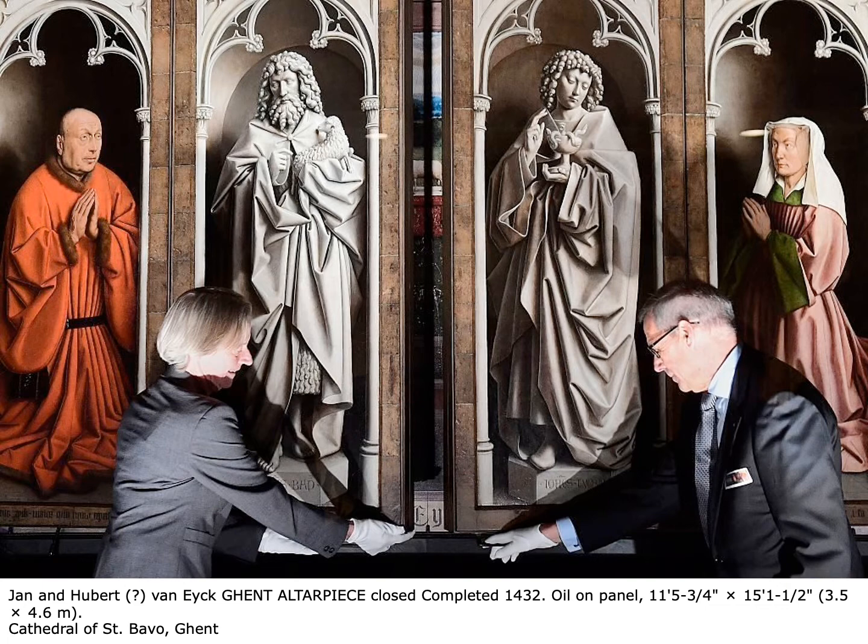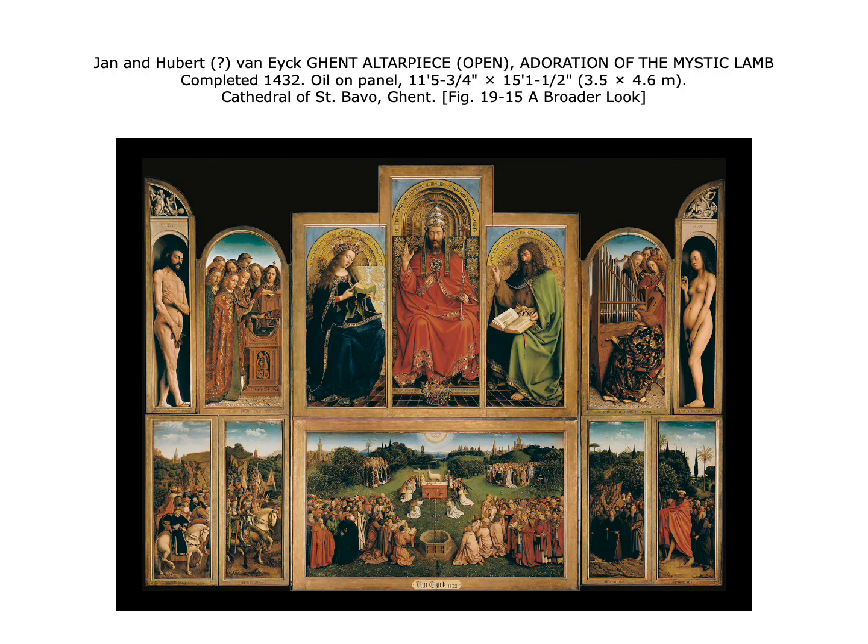This is the front of the Ghent altarpiece when the altarpiece is closed. The next slide, you'll see the altarpiece open. The altarpiece would have only been opened on Sundays and feast days. This is the interior of the Ghent altarpiece.